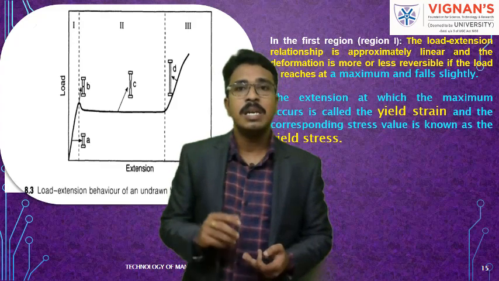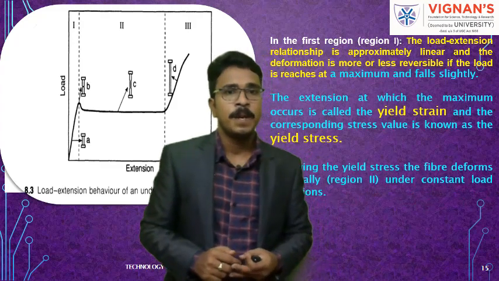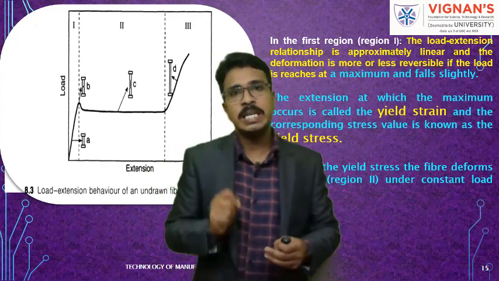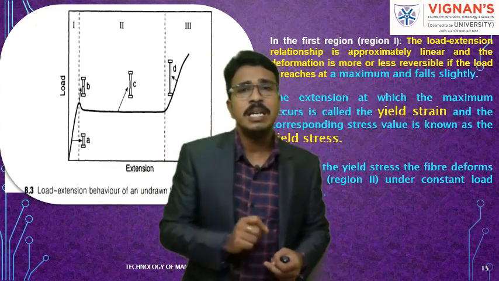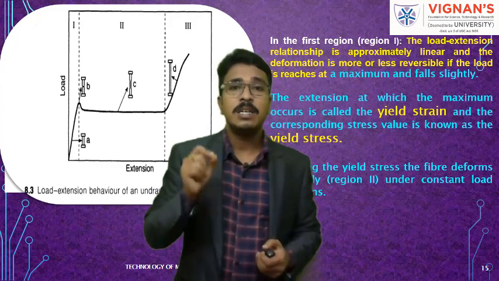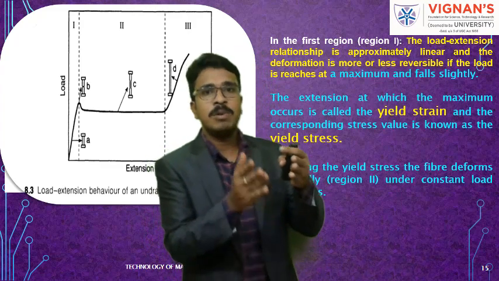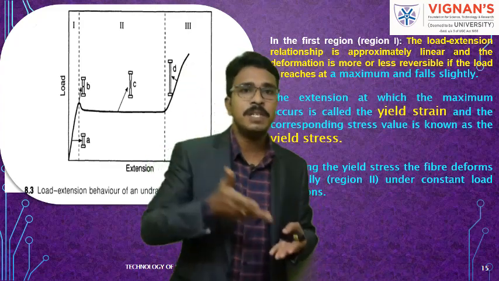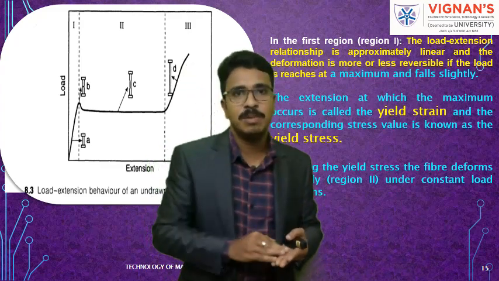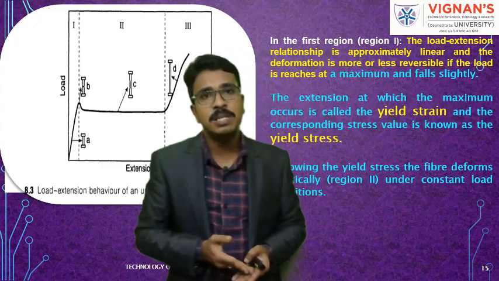What is stress? This is nothing but the force applied per unit area. Following the yield stress, the fiber deforms plastically under constant load conditions. So till now we have seen region 1, which is reversible. If you remove the load, the filament comes back to its original state.